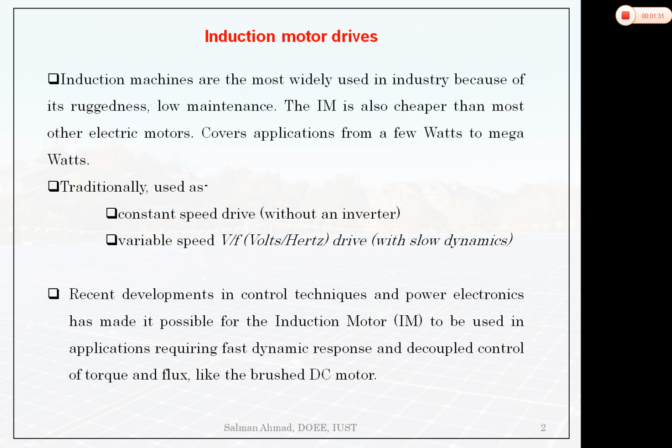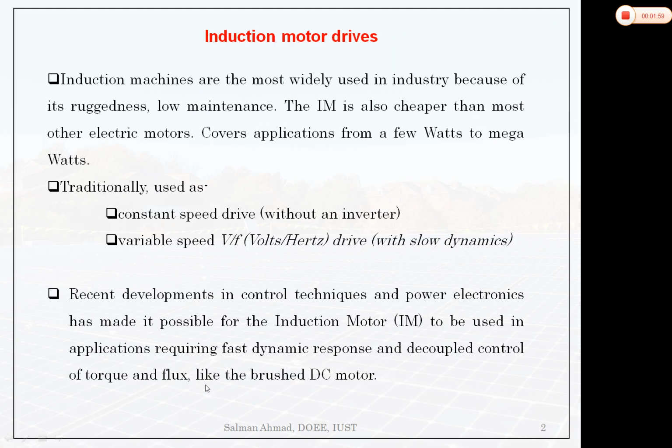So the focus was to develop fast control techniques for induction motor drives. Now, recent developments in control techniques and power electronics have made it possible for induction motors to be used in applications requiring fast dynamic response and decoupled control of torque and flux, like the brushed DC motors.